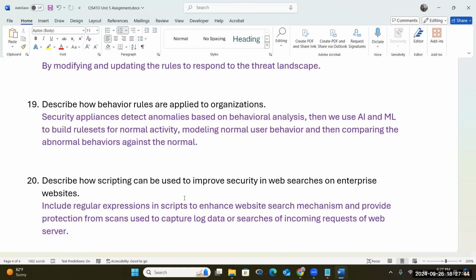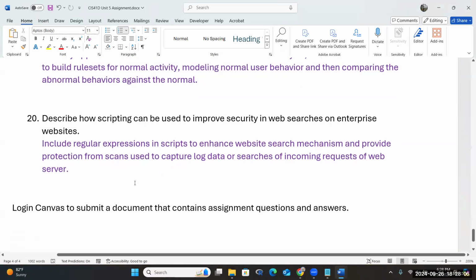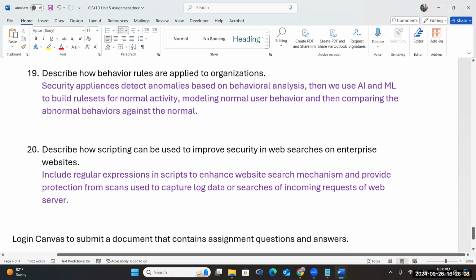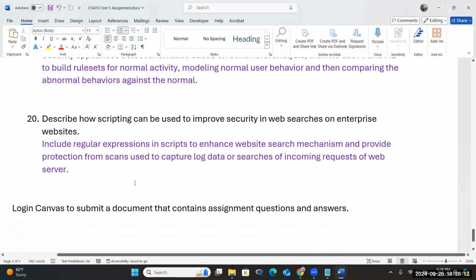So input validation, data sanitizing, testing code, all of these things are going to be useful. So definitely brush up your skills on scripting, and that's going to help you go a long way in cybersecurity, or even IT, right? Scripting for automation is awesome.